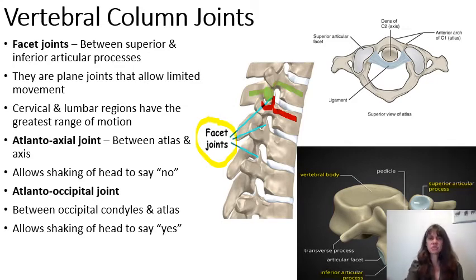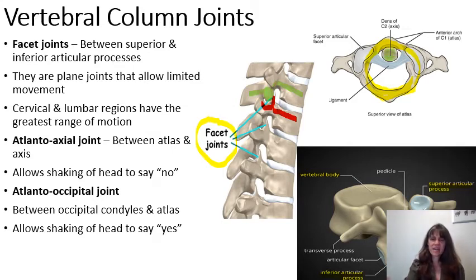Going back to the joint formed between atlas and axis, which is known as the atlantoaxial joint, we see that atlas is a ring, and looking from superior to inferior, we can see the dens of axis here.